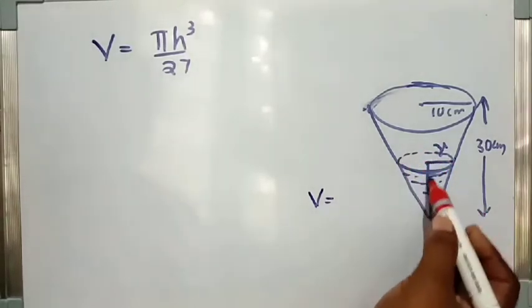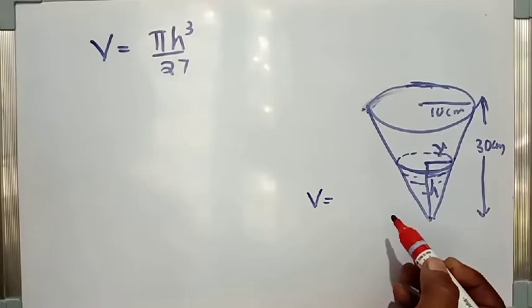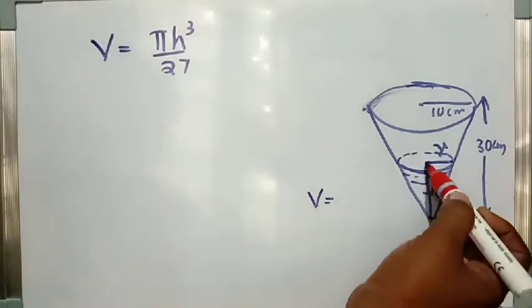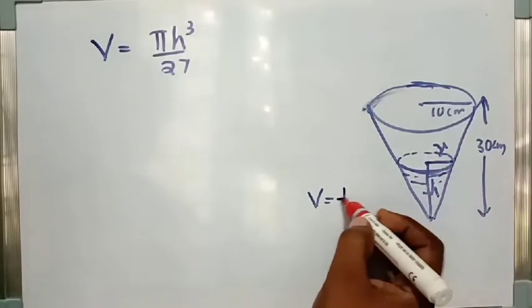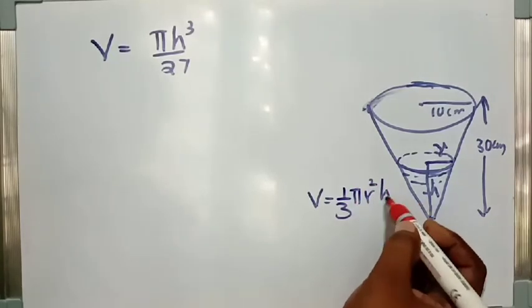The volume of water in the container, as it is in the shape of a cone, you know the volume of a cone is 1 by 3 pi r squared h. As per our dimensions, h is the height and r is the radius. So the volume is 1 by 3 pi r squared h.